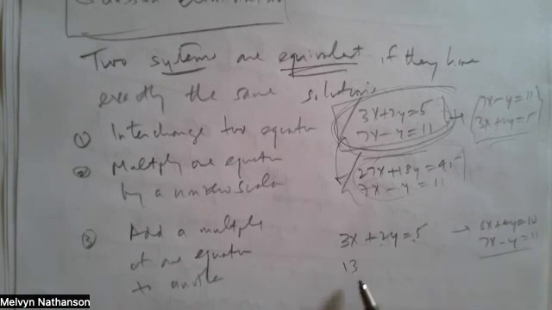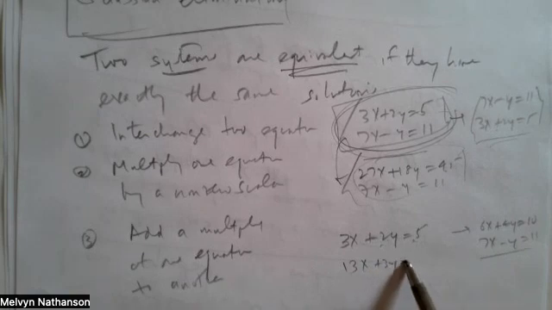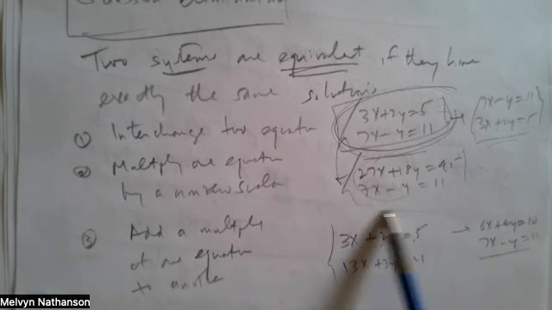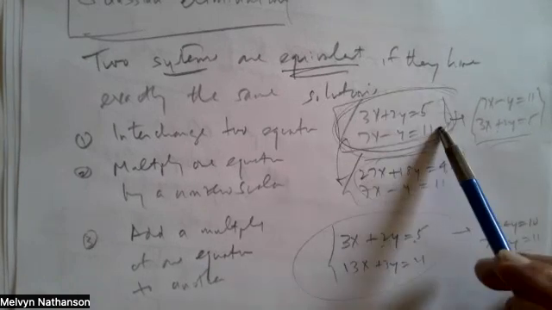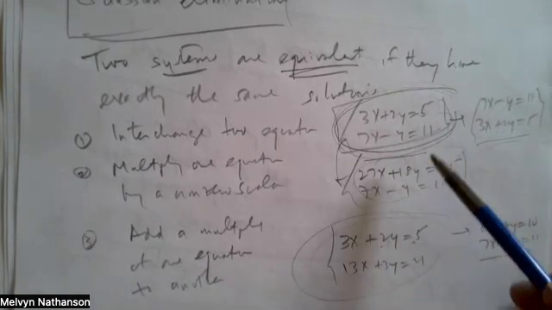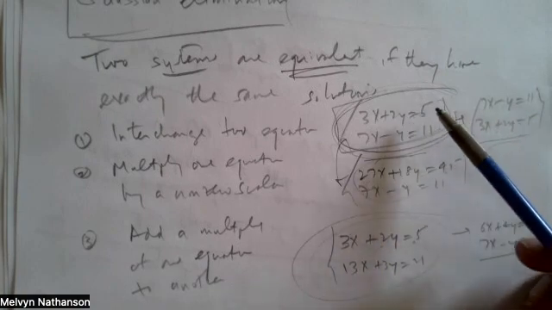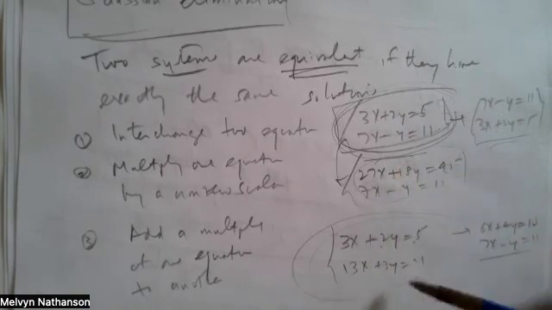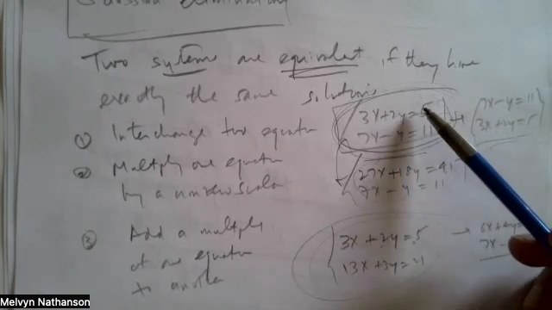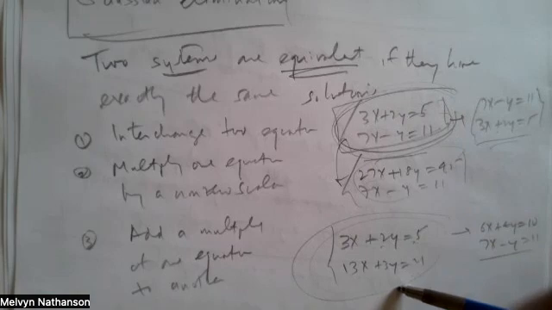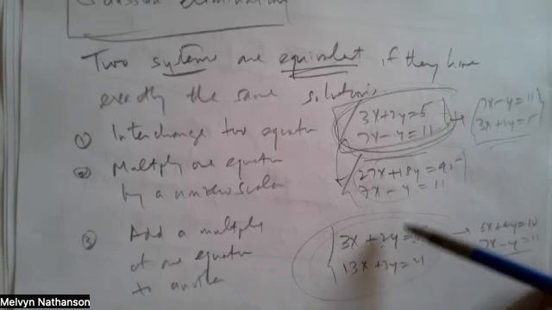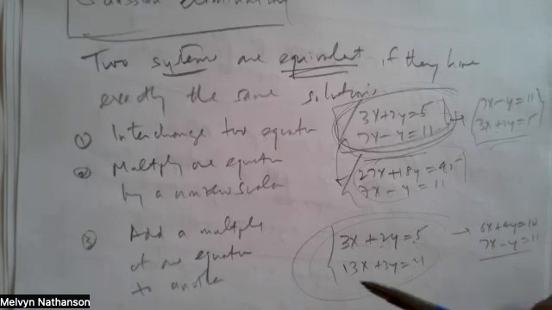And what I get is 13x plus 3y equals 21. So from this system of equations, I got a new system by adding a multiple of one equation to another. Any solution of this system will be a solution of that system, and any solution of that system will also be a solution of this. So I have 3 operations that take a system of equations to an equivalent system.